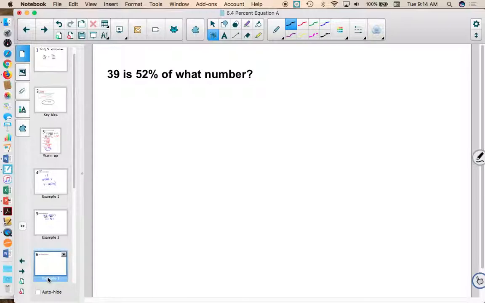39 is 52%. I don't see your equation. Can't let you go. I gotta see that equation. 39 is. I walk around, I gotta see the equations. I got it.